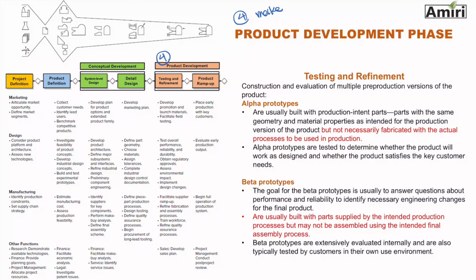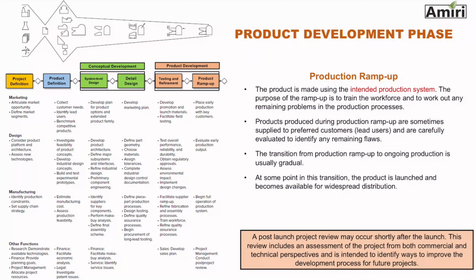A good mistake that I always see when I ask students the difference between alpha and beta prototype is they say, well, alpha prototypes are early on, those are just proof of concept, stuff like that. That's unfortunately incorrect. Alpha prototype and beta prototype, the only difference between them is how they're made. Otherwise, they both have to be very close to your final product.